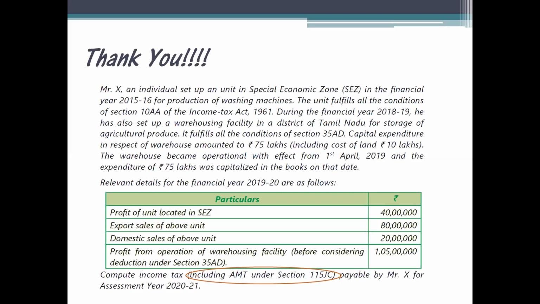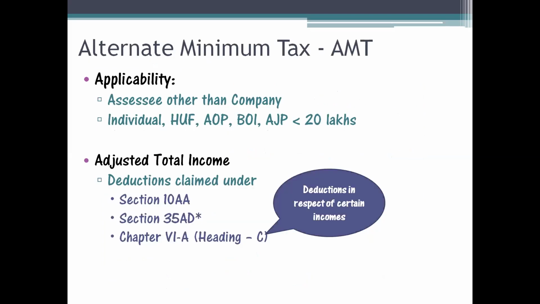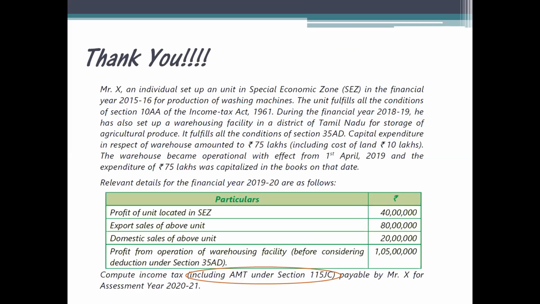Say an individual having a total income of more than 20 lakhs is there in the scenario, and he has deduction under any of these 3 deductions available. Then please compute AMT even if it's not specifically mentioned. There might be marks allocated for that also. So check for the conditions. For computing AMT also, you should have a good grip on 10AA and 35AD.